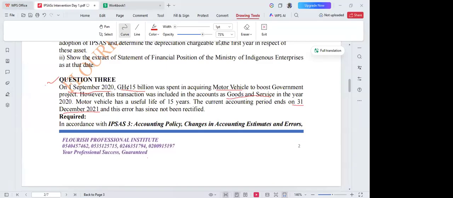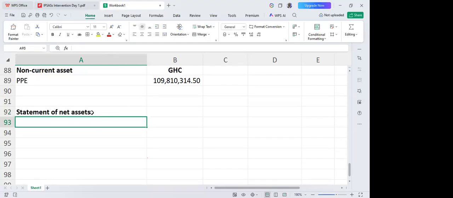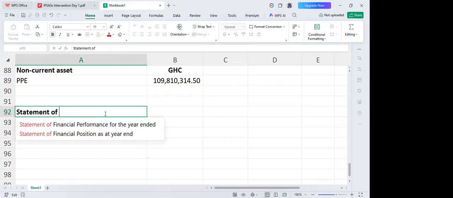Accumulated fund. So you adjust this to your accumulated fund. In your statement of net assets, which in FR they call the statement of changes in equity, we have one column we call accumulated fund. So let me just go straight and say I'll have to do an adjustment to my accumulated fund.